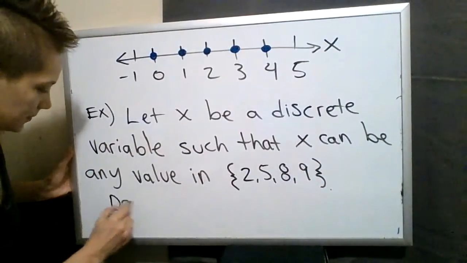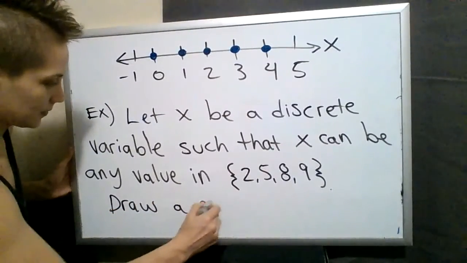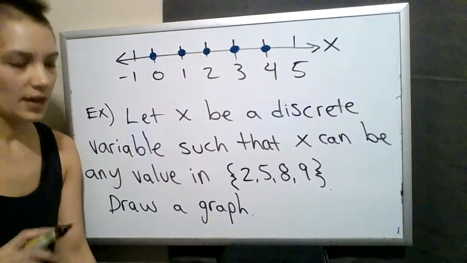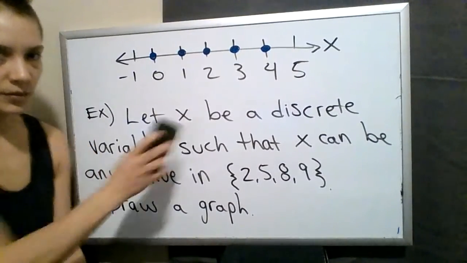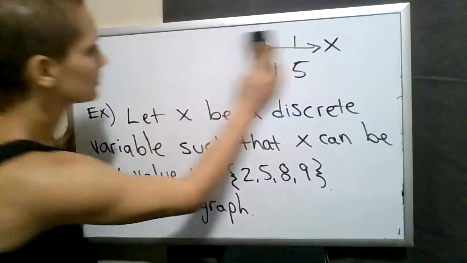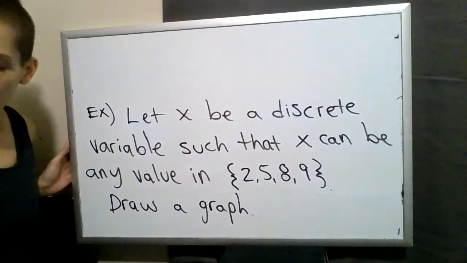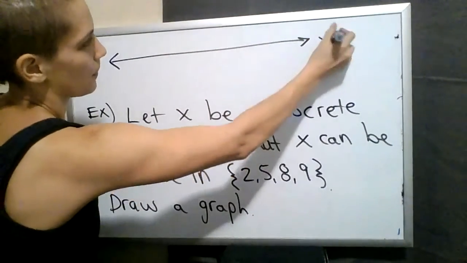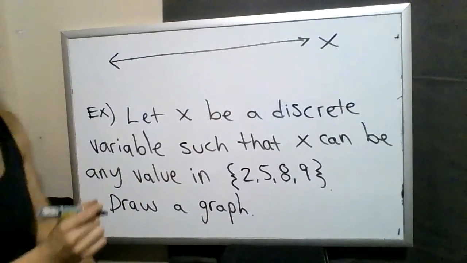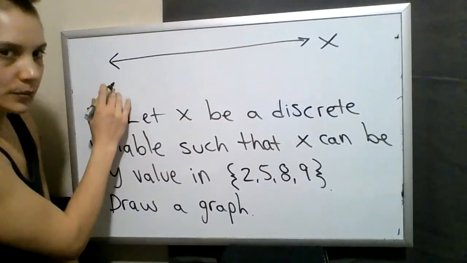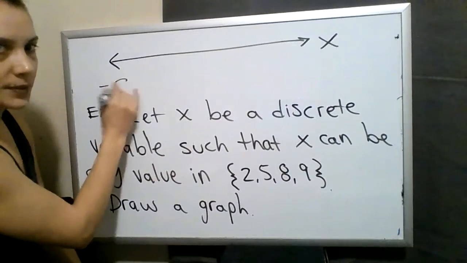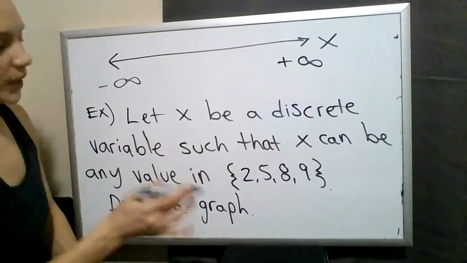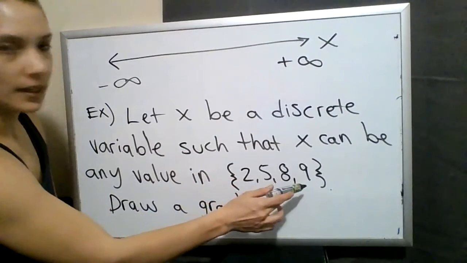Draw a graph. So we have a number line, just one number line for one variable x. I haven't really mentioned it yet, but just to remind you that this way we're leading towards negative infinity. Over here is positive infinity. And we need 2, 5, 8, and 9 on the graph.